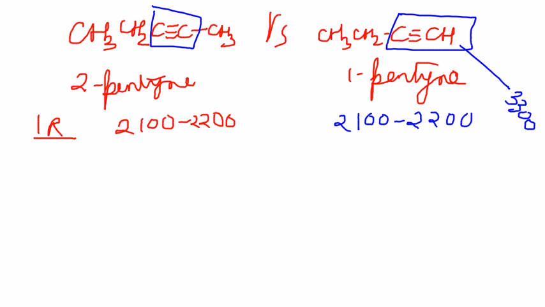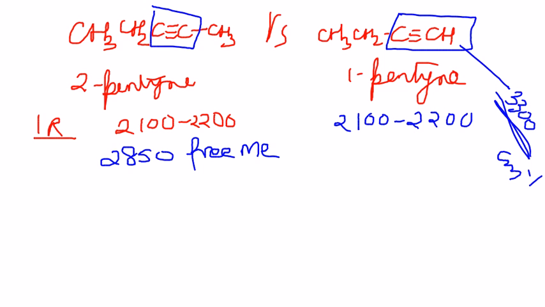You are going to see the methyl in both of those at 2850. So what will help you identify for sure which one is 1-pentyne is the presence of that 3300 cm inverse. That is your key peak.